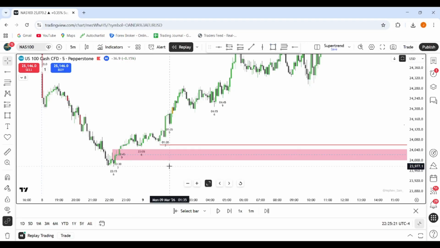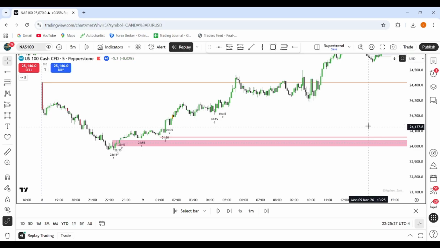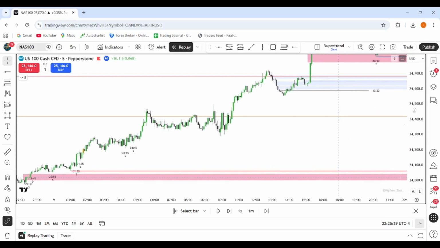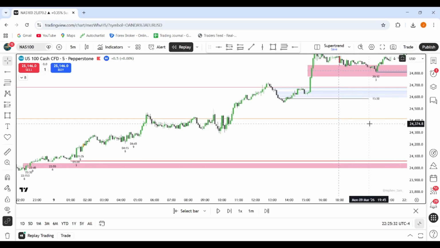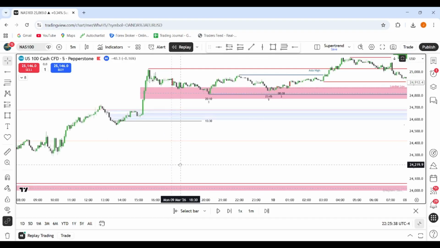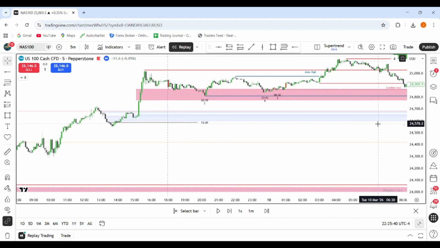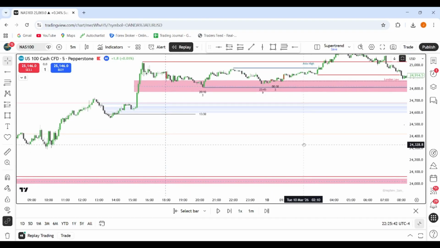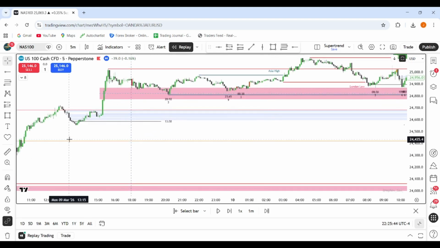So that's the first port of call, to understand our map, our range, let's say. So this is our range that we're looking at, and I am looking to see how price trades within this range or outside it. Now to determine that, I need to look at splitting this range, and I use my fib tool, and this is our 6 o'clock line.